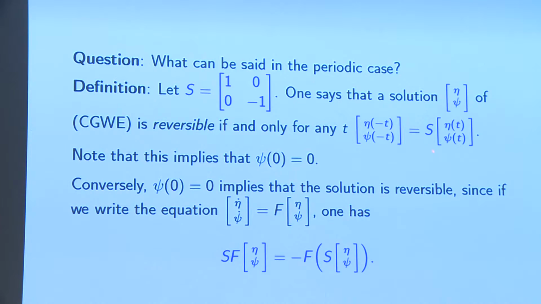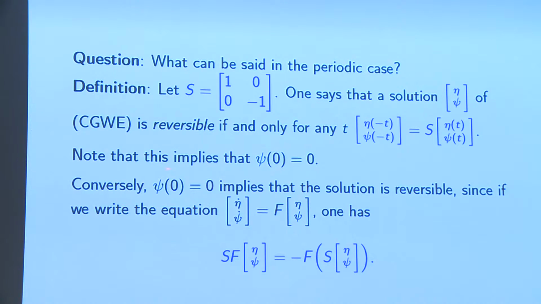So of course it follows immediately from this equality that if this property holds, then the second component, psi, has to vanish at time t equals 0. And conversely, if you start from a Cauchy data whose second component vanishes at time 0, then your solution will be reversible, that is, it will satisfy this equality.